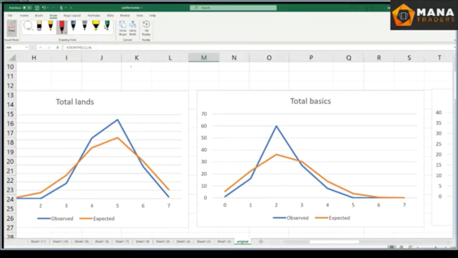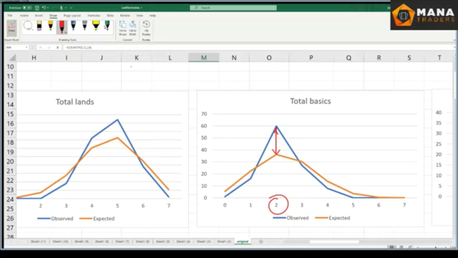There is a very sharp difference between the observed distribution of total basics and the expected distribution of total basics, and that sharp difference is for 2 basics. It seems that the hand selector was very much preferring hands that have exactly 2 basics.